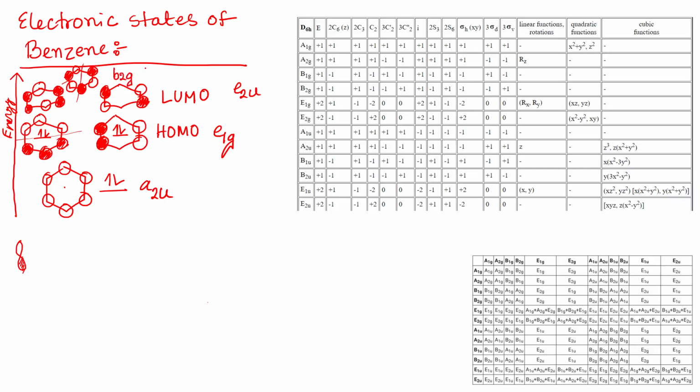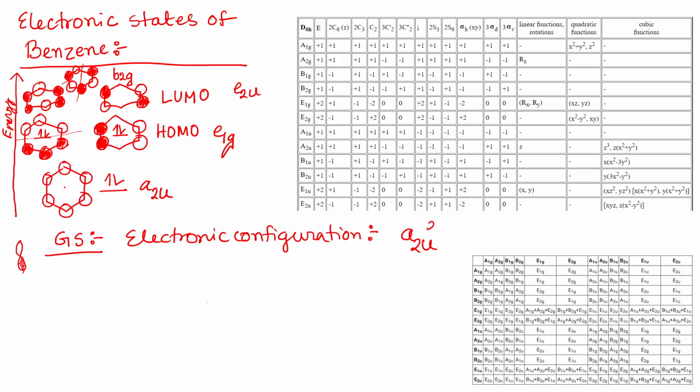Okay. So as you can see, your electronic states are in the ground state electronic configuration. Can you tell me the electronic configuration? A2U has two electrons. E1G has four electrons, right? So what is going to be the symmetry of the state?